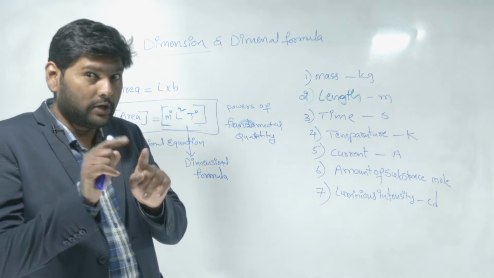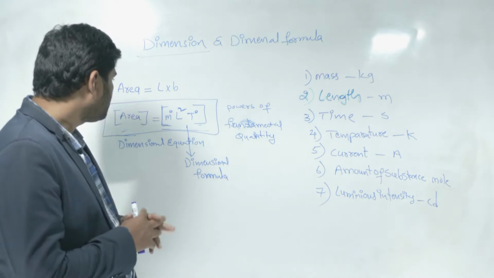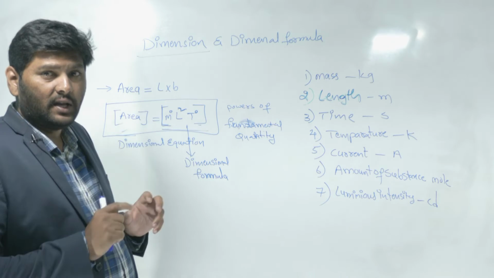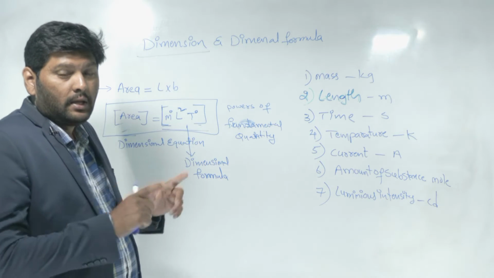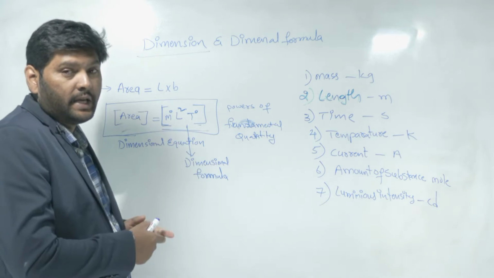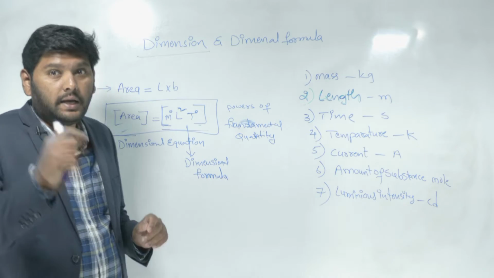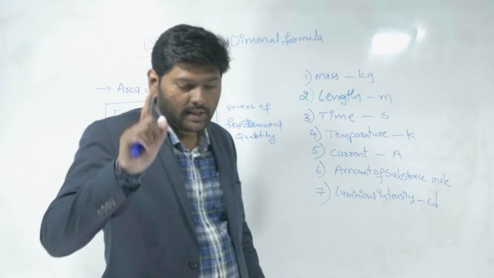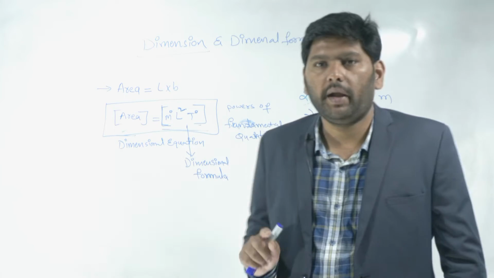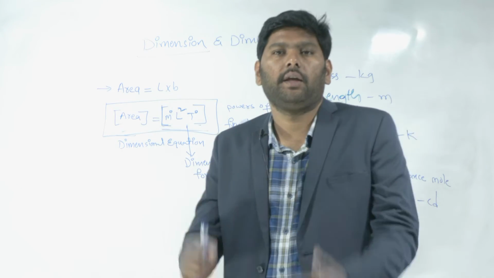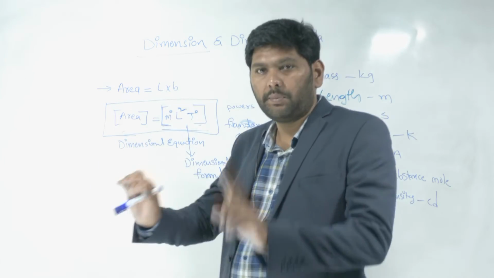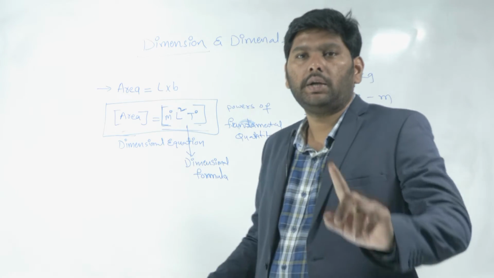You got clarity, right? Now if you observe carefully, we are representing the dimensional formula in a square bracket. That is the main point here: every time you must represent the dimensional formula in a square bracket.